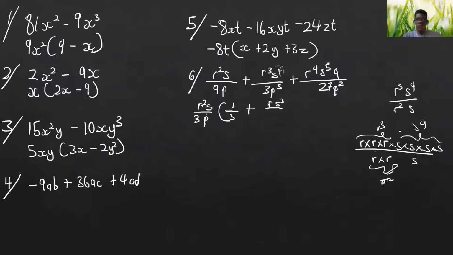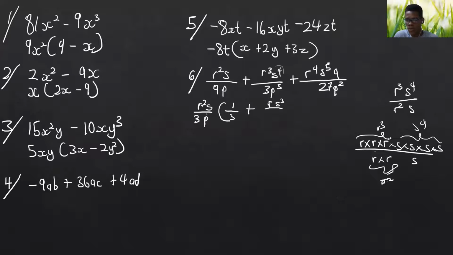So I've written them out so you can see exactly how just subtracting the powers gives you the answer, because 3 minus 2 is 1, and so you just end up with r, and 4 minus 1, s doesn't have a power, so the power is 1, that's understood. So 4 minus 1 is 3. All right, so r s cubed.